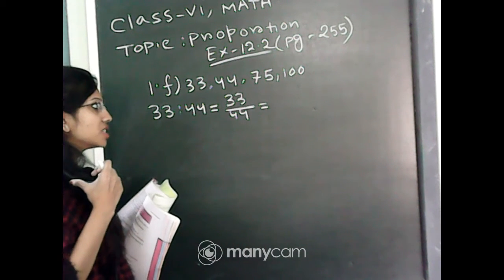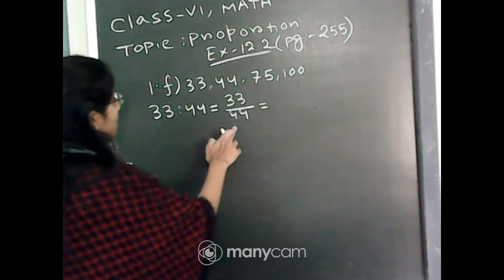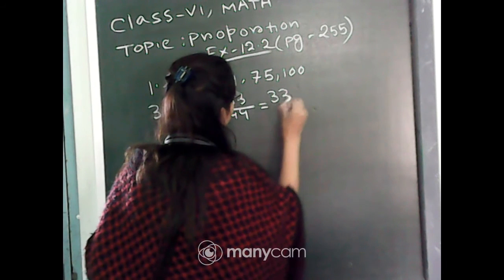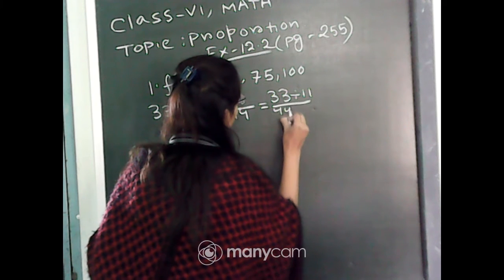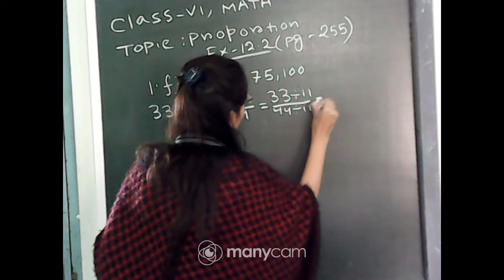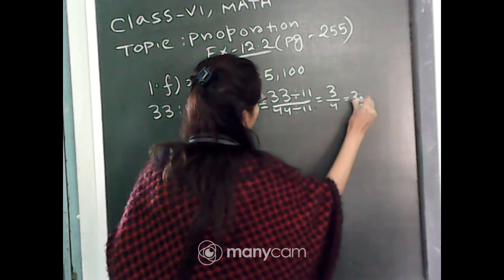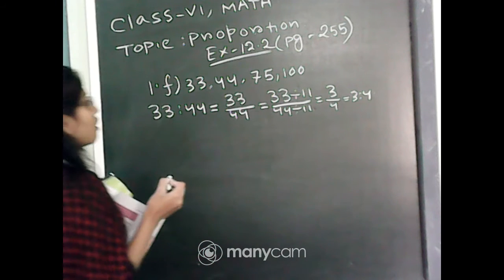Therefore, to get the simplest form, we divide both the numerator and the denominator by 11 and we get the ratio 3 is to 4.